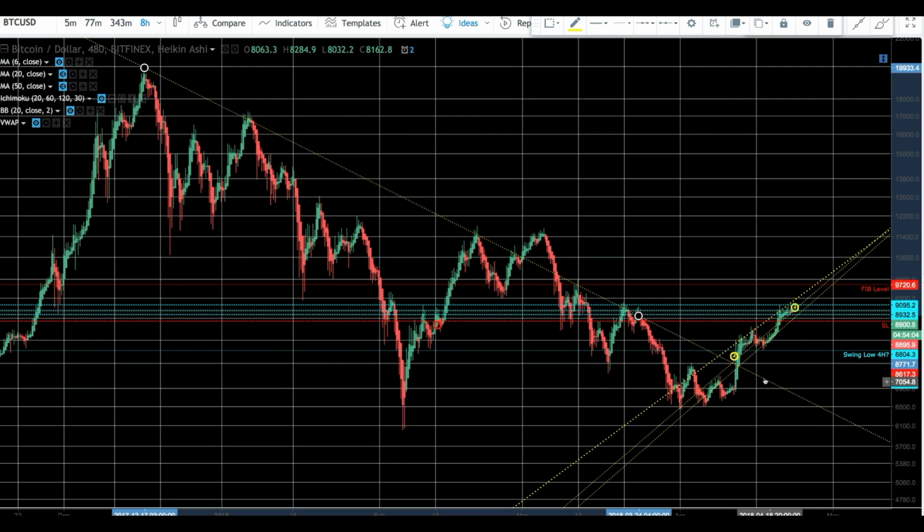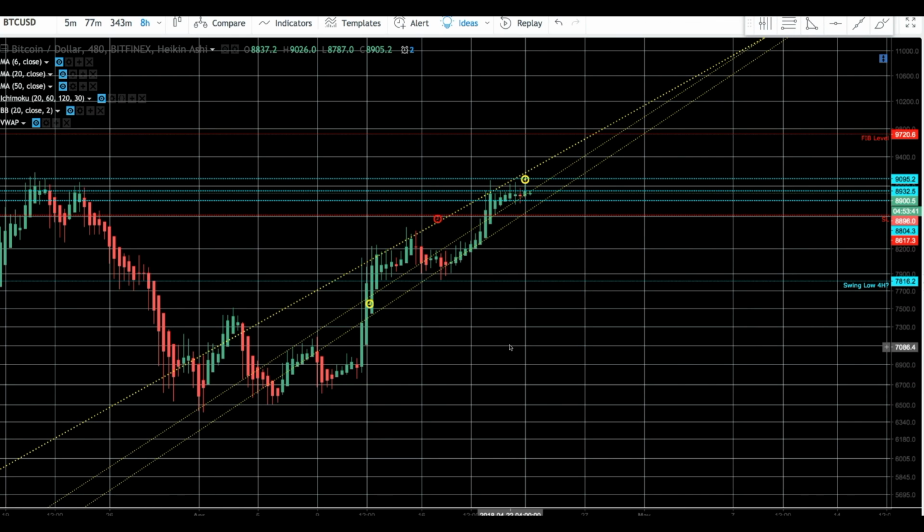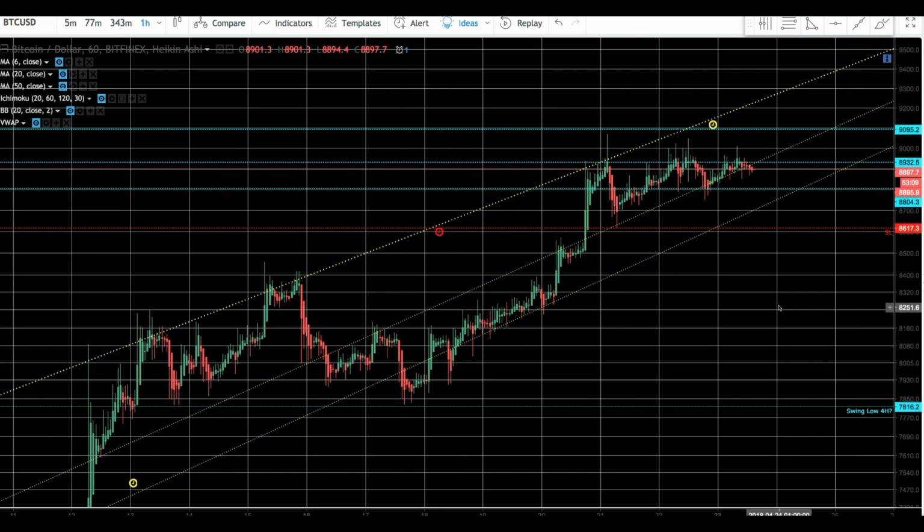So I'll remove that. If we zoom in on where we're at right now, we've got two different price action trend lines that we're dealing with. If we look at the 1 hour chart, I'll show you how these came up. When I'm looking at coins, I'm typically looking at them on a larger time frame because in my trading style, I'm looking for the big swings up and down.